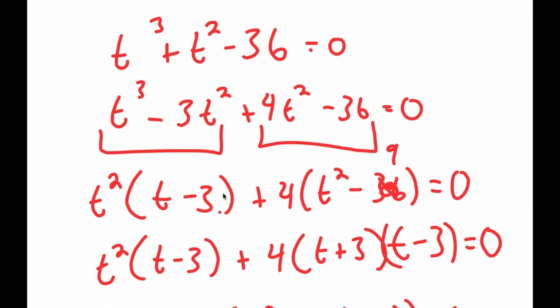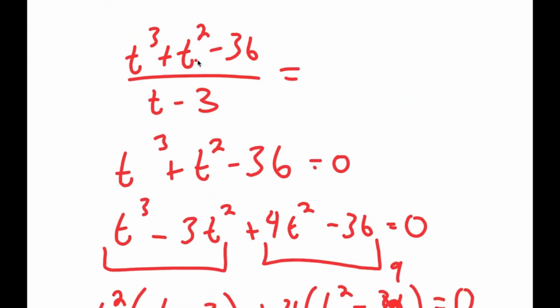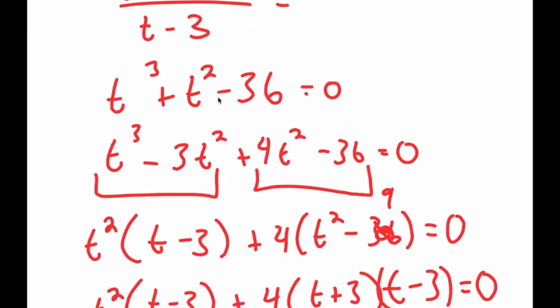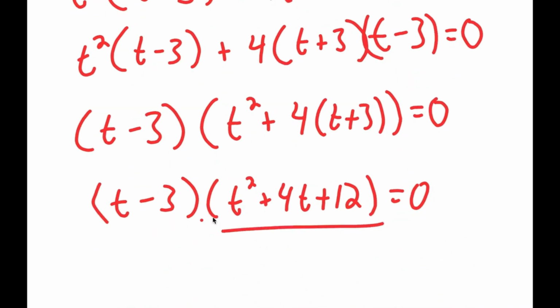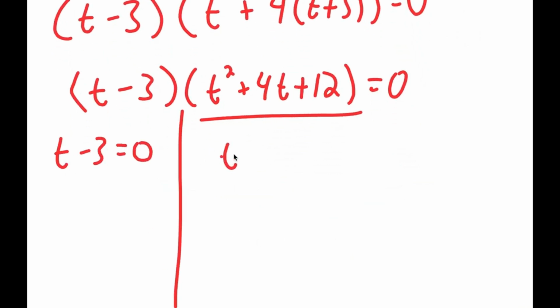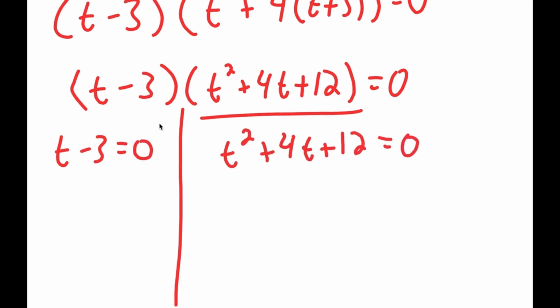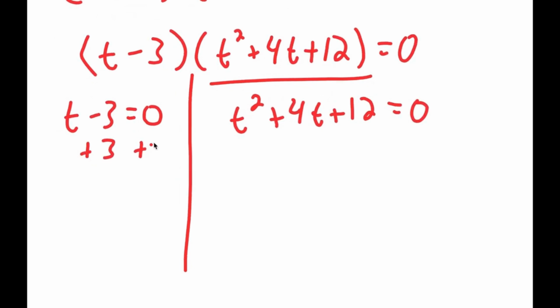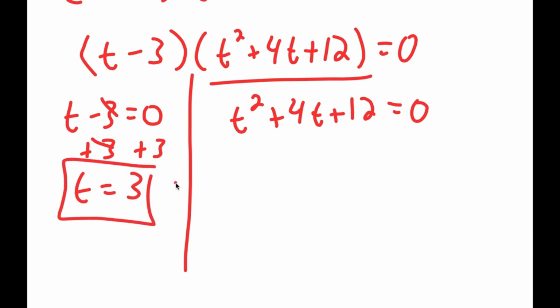Meaning, t to the power of 3 plus t squared minus 36 divided by t minus 3 is right here, t squared plus 4t plus 12. So now this gives me two equations. I get t minus 3 is equal to 0, and t squared plus 4t plus 12 is equal to 0. So obviously t minus 3, we already know the answer to that is t equals 3. But for t squared plus 4t plus 12 is equal to 0, to solve this, we're going to have to use the quadratic formula.